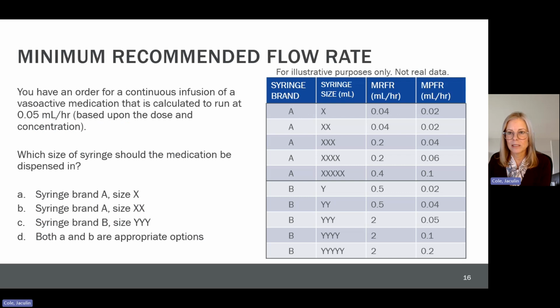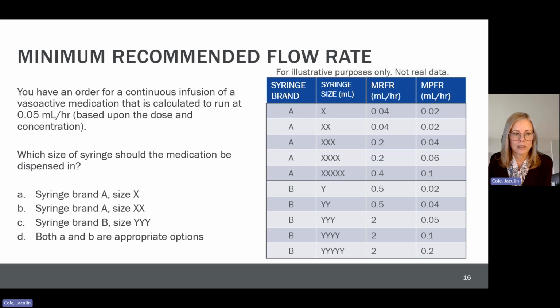Okay, so let's practice determining which syringe brand and size we should use for a specific flow rate. In this case, you have an order for a continuous infusion of a vasoactive medication that is calculated to run at 0.05 milliliters per hour based upon the dose and concentration. So which size of syringe should the medication be dispensed in?